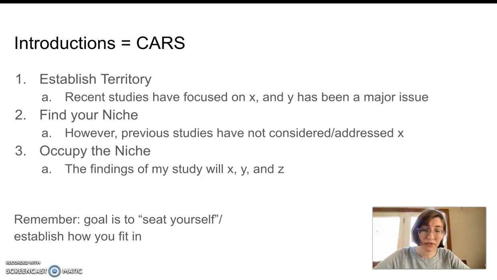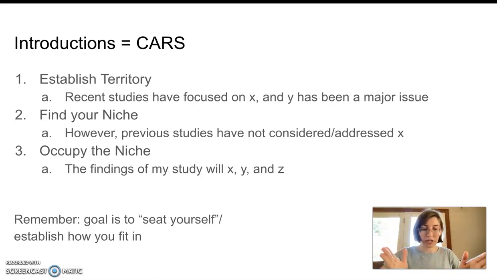You can cite, you don't have to cite, you can be general about the ideas, but the idea is you're setting the stage, like, this is my wedding party, or this is the cafeteria at so-and-so high school. For research, you could say things like, recent studies have focused on X, Y, and Z. And of those, Y has been a major issue of focus. So you're introducing your topic and what's hot or important about it.